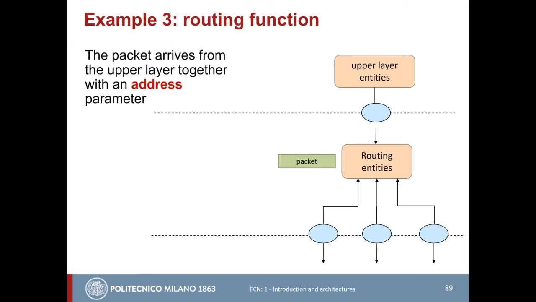Inside the packet, these entities must find information on where to send this packet. We have already introduced the difference between datagram and connection-oriented or virtual service. In any case, the packet carries data that helps, or that is used by, these routing entities to decide where to release the packet.